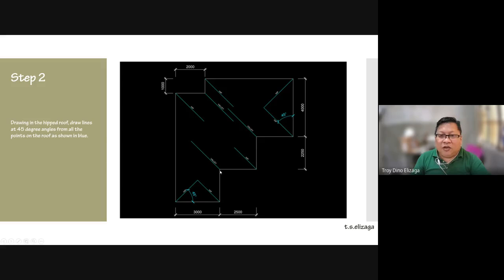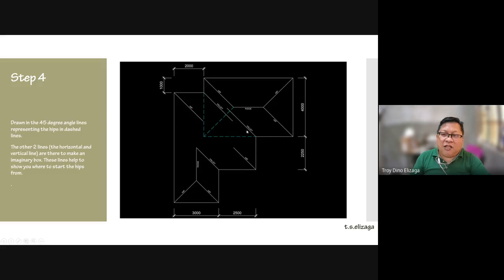So the direction is always going towards the inside. From here you go towards the inside, here go towards inside. So you don't draw to the other direction, it's going outside. And also here you don't draw to the other direction because this is going out. It's not going in. And then we put in the ridges again.